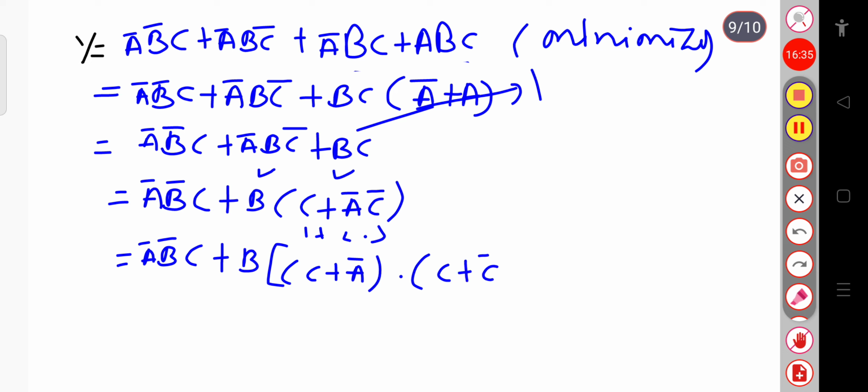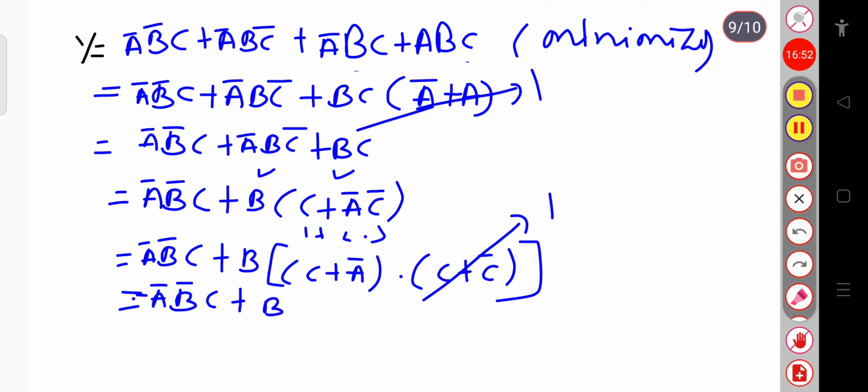This is our formula. Now, this will become c plus a bar into c plus c bar, and c plus c bar is again 1. So, you will get a bar b bar c plus b, multiplying this b into c plus a bar, you will get bc plus b into a bar.